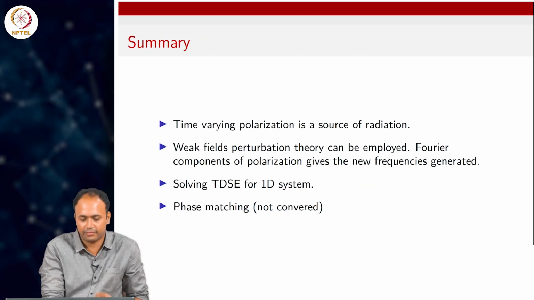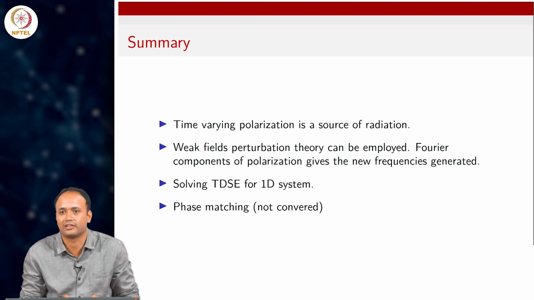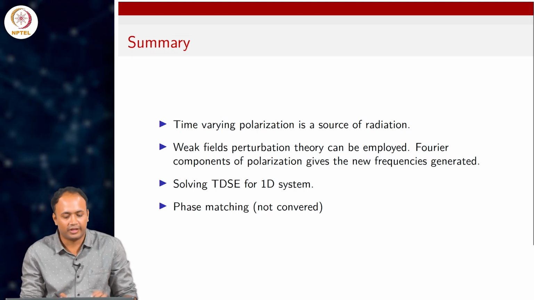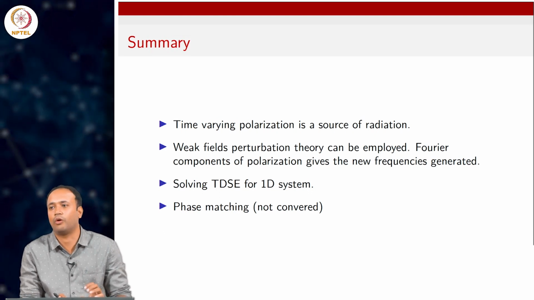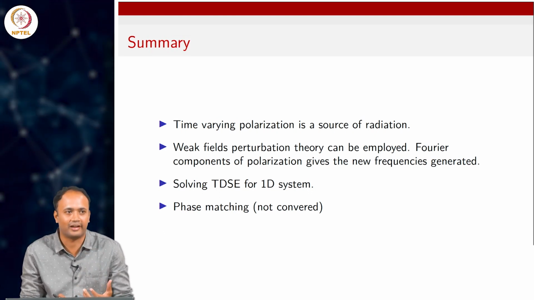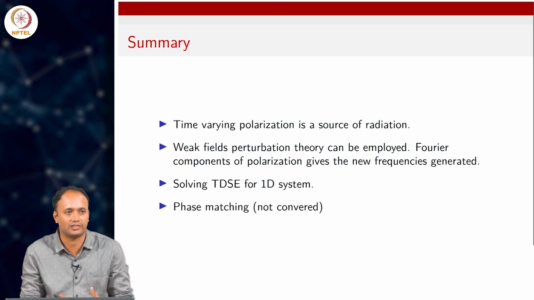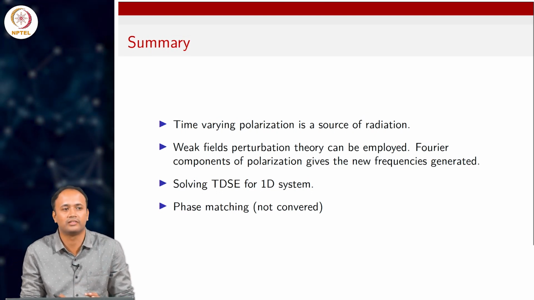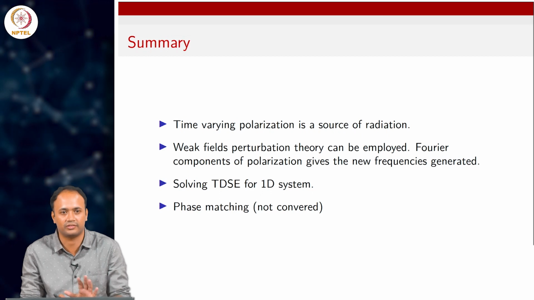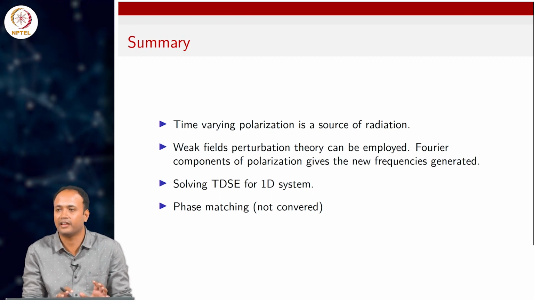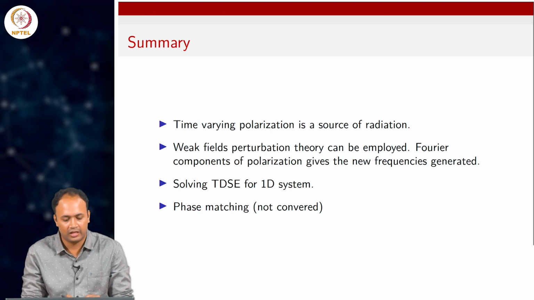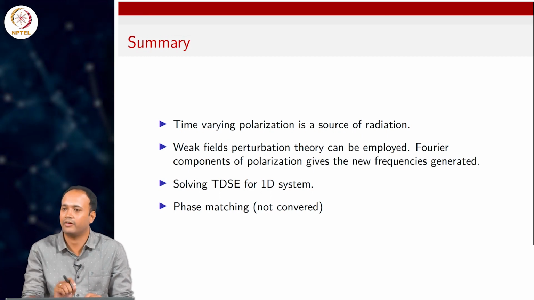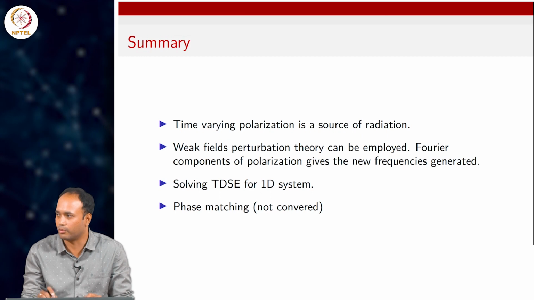Okay, so that's basically the first lecture that I wanted to give. The key takeaways are the following. If you can understand how systems generate radiation, it's through a time varying polarization, or there will be other systems where you have time varying charges, currents, magnetization. But in this particular example, we are interested in time varying polarization. For weak fields, you can have a certain perturbative expansion for this polarization.